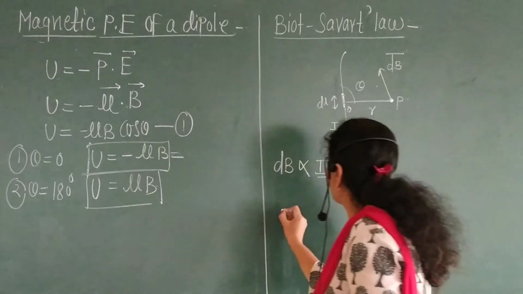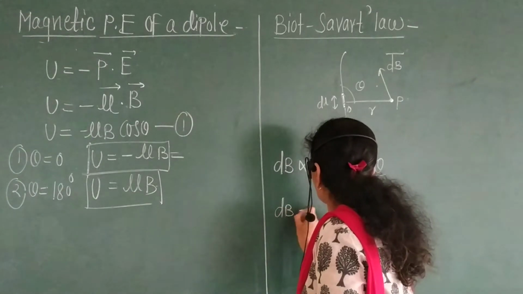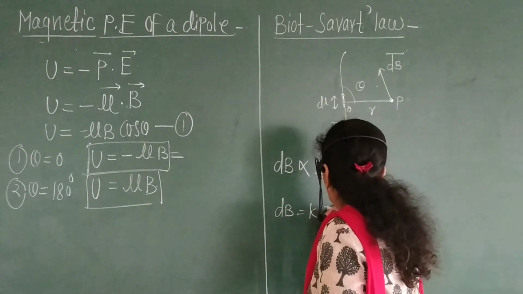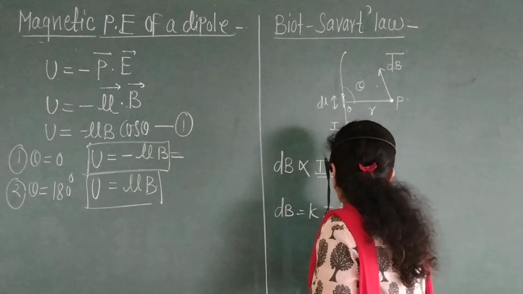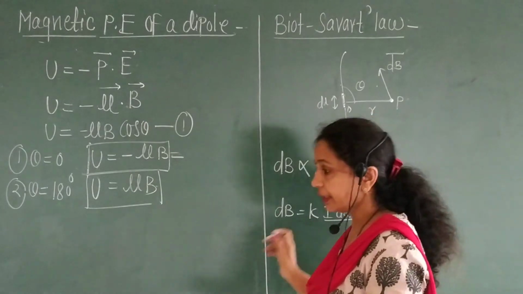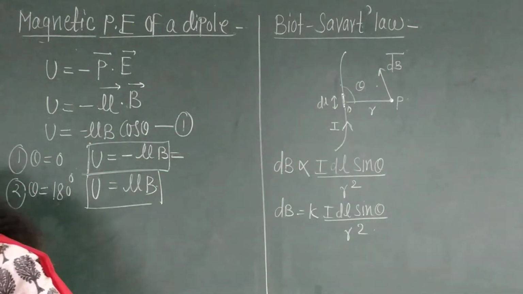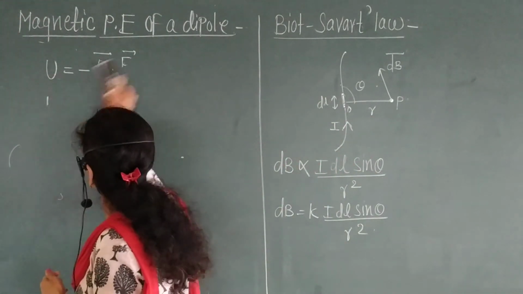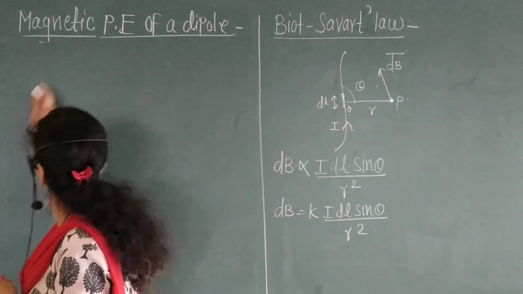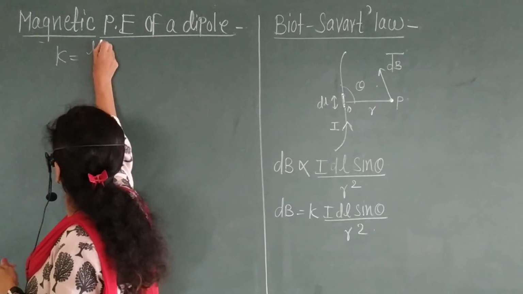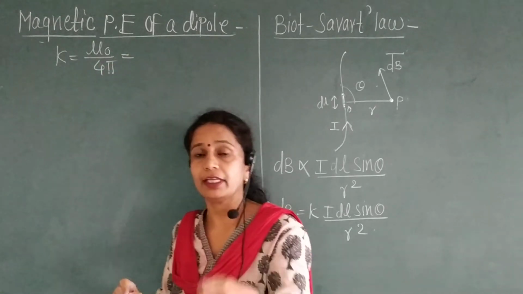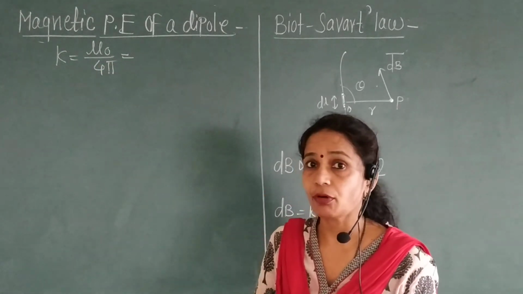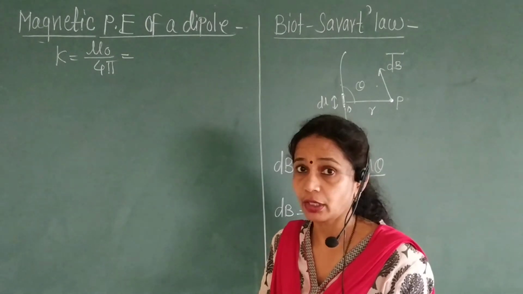Therefore dB is equal to some constant k I dl sine theta upon r square. k is the proportionality constant and its value is k equal to mu 0 upon 4 pi, where mu 0 is the permeability of free space or vacuum.